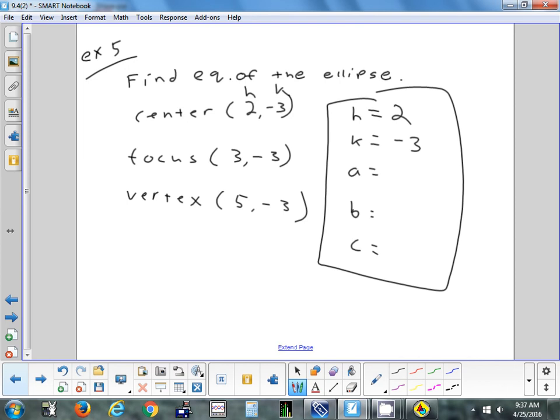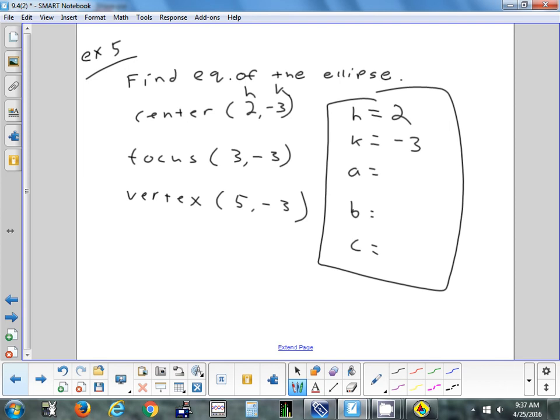Okay, now A, B, and C. A is the distance from the center to the vertex. Anyone think they can tell me the distance between the center and the vertex? It's just a single number.